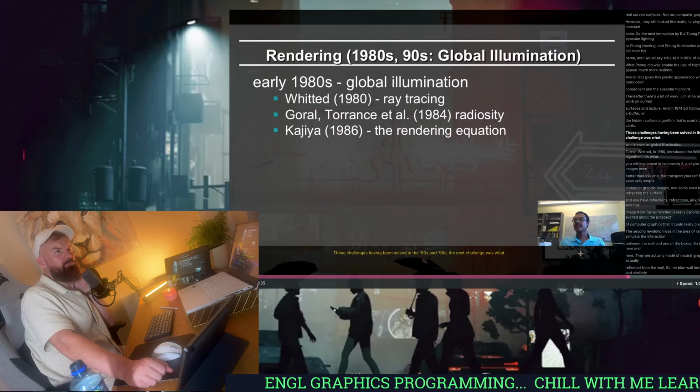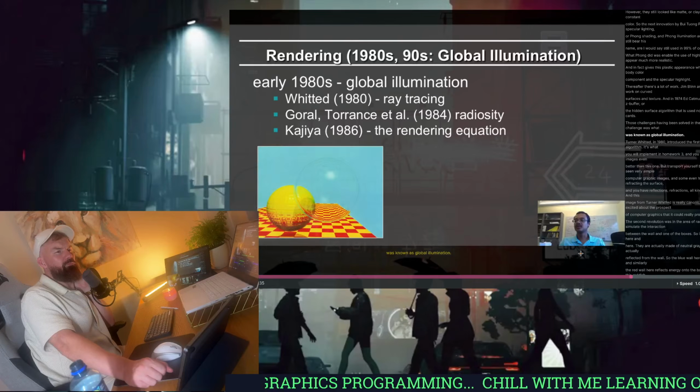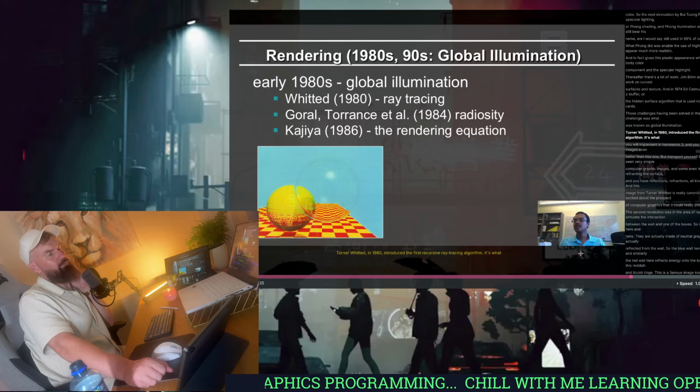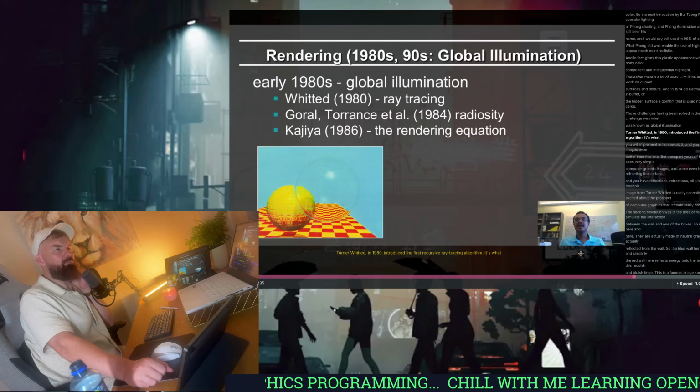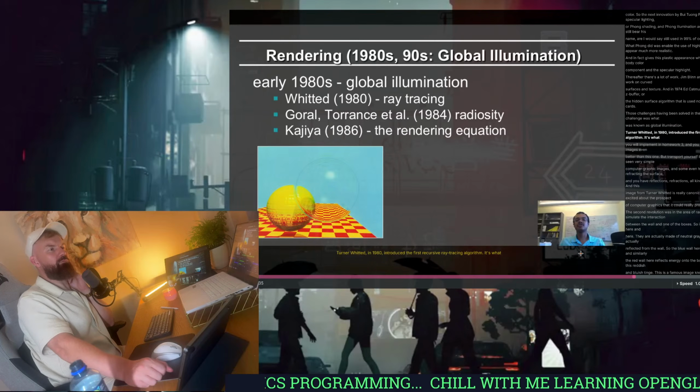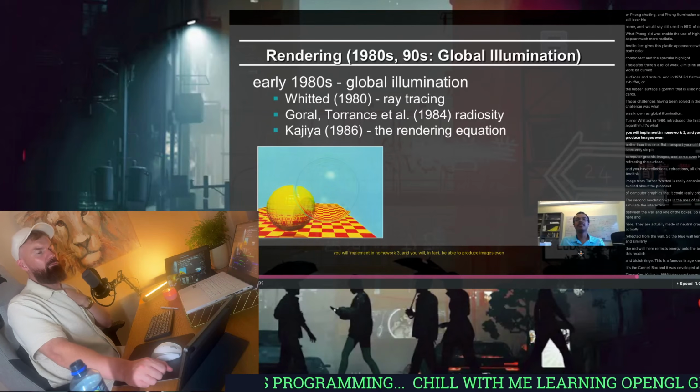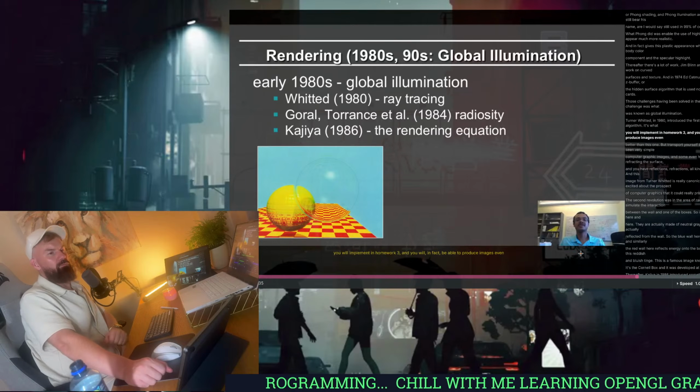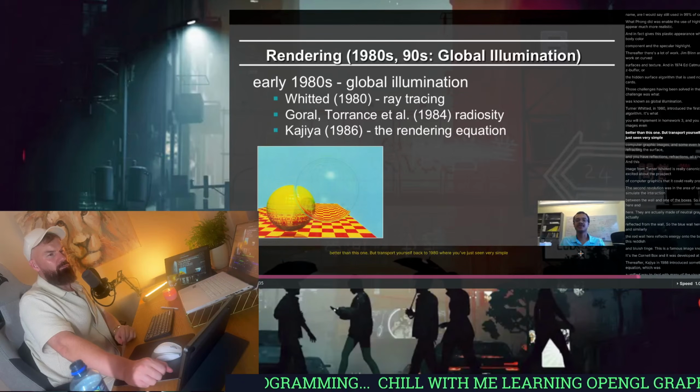Those challenges having been solved in the 70s and 80s, the next challenge was what was known as global illumination. Turner Whitted in 1980 introduced the first recursive ray tracing algorithm. It's what you will implement in Homework 3, and you will in fact be able to produce images even better than this one.